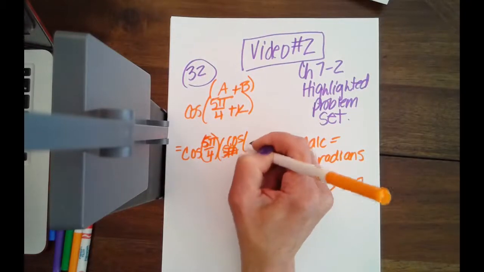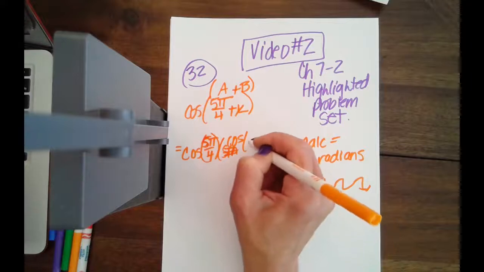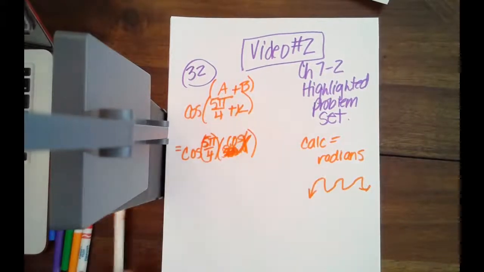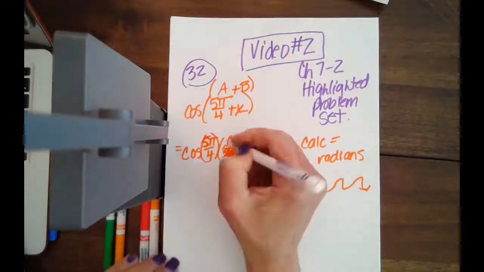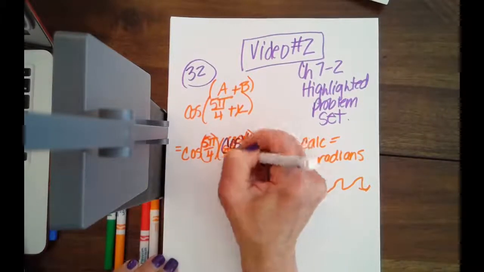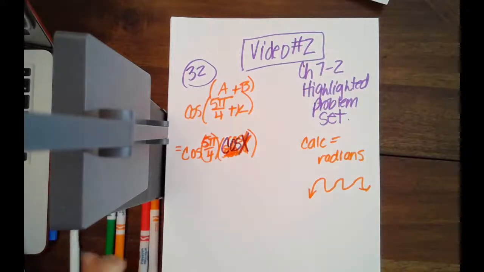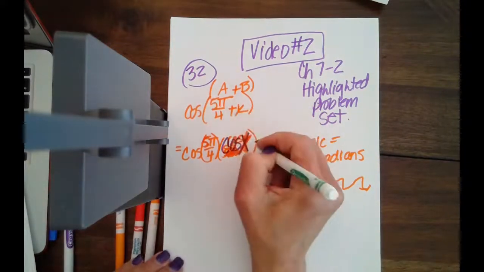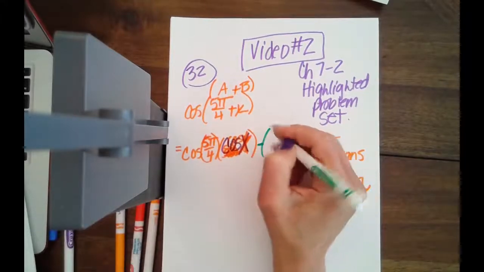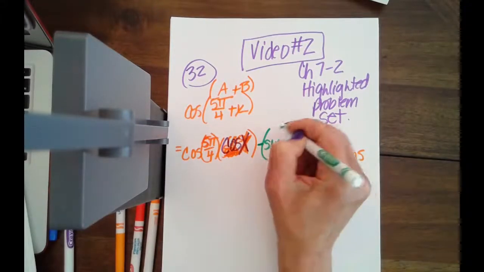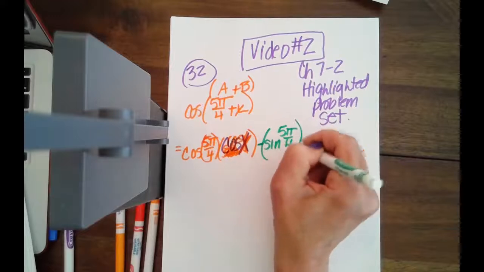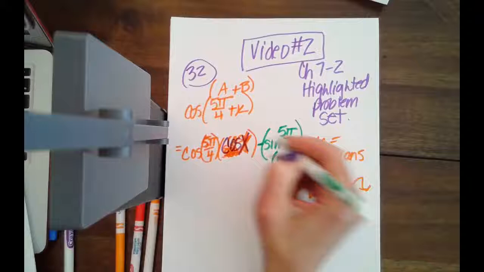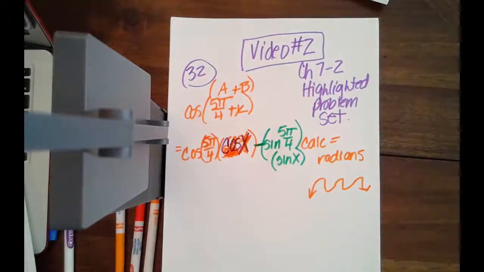Sometimes I get them confused, y'all. Cosine of x, Miss Smith, cosine of x. Hope you can read that. Now I've just made a mess. After that, we have minus, because it's a sign change in the cosine. That's going to be sine of 5 pi over 4 times sine of x. So there's no minus in the middle. Okay, so that's just the expansion.